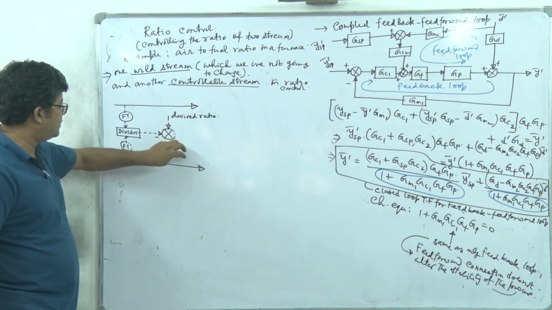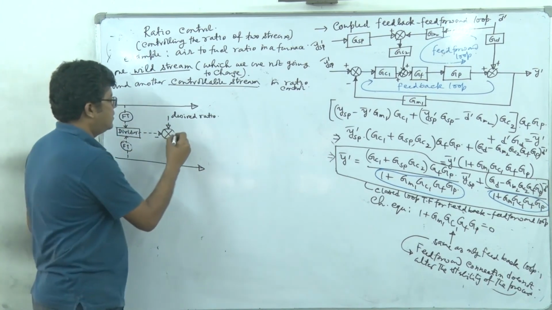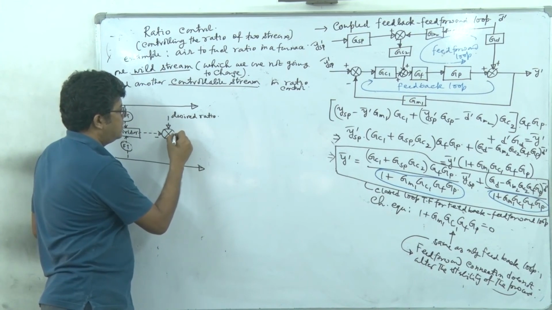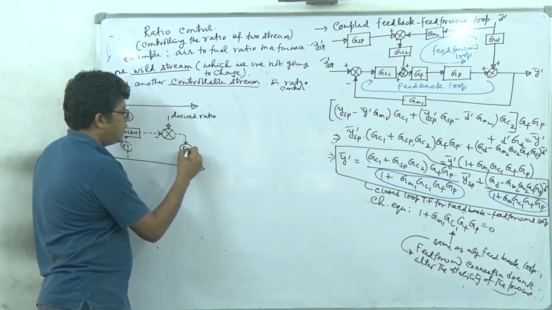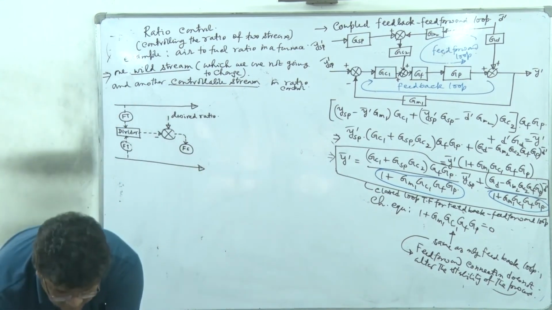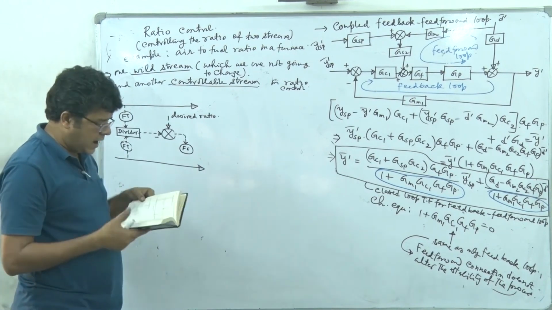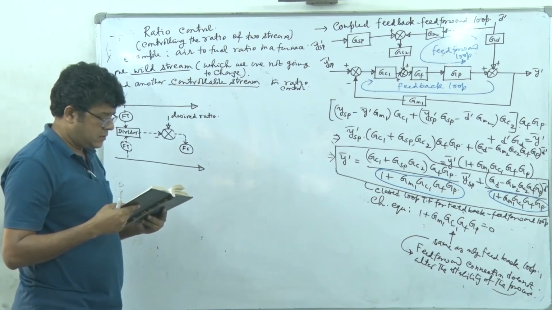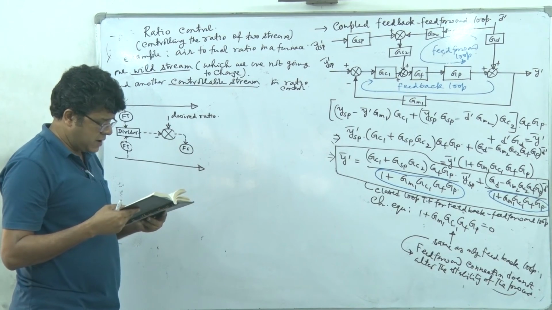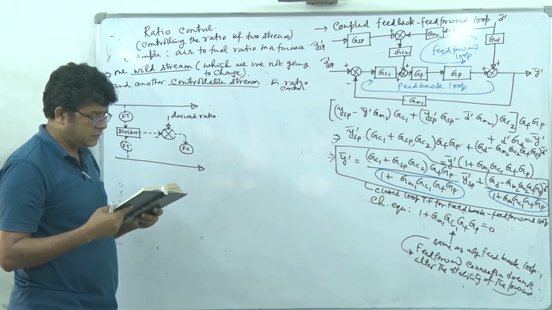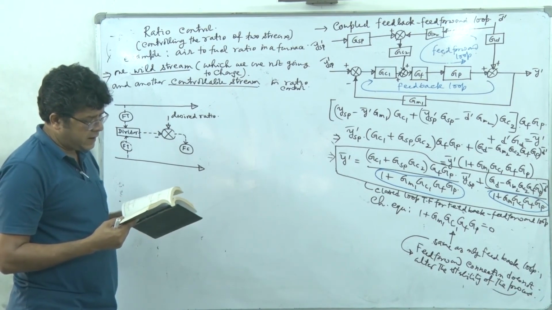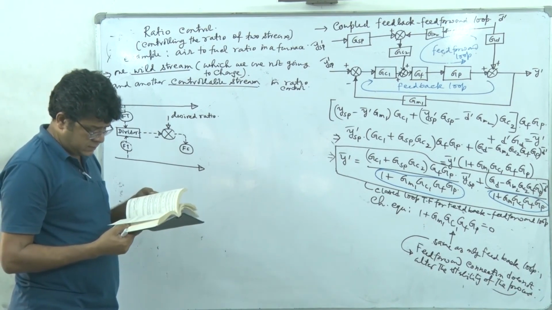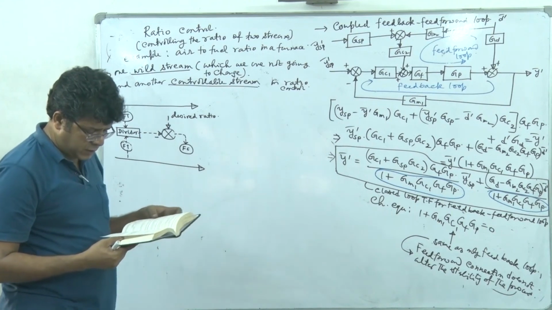Once we have the desired ratio, with that desired ratio we will have the ratio control. Let me check whether it is written as RC or simply GR. Actually it stands for this ratio block basically.